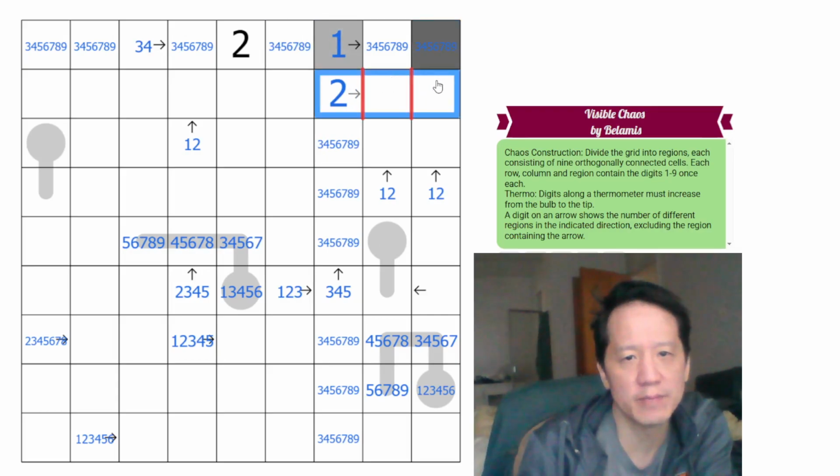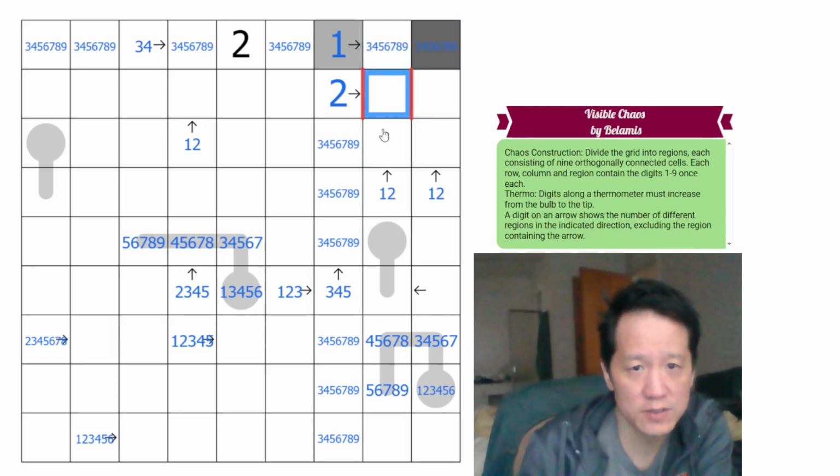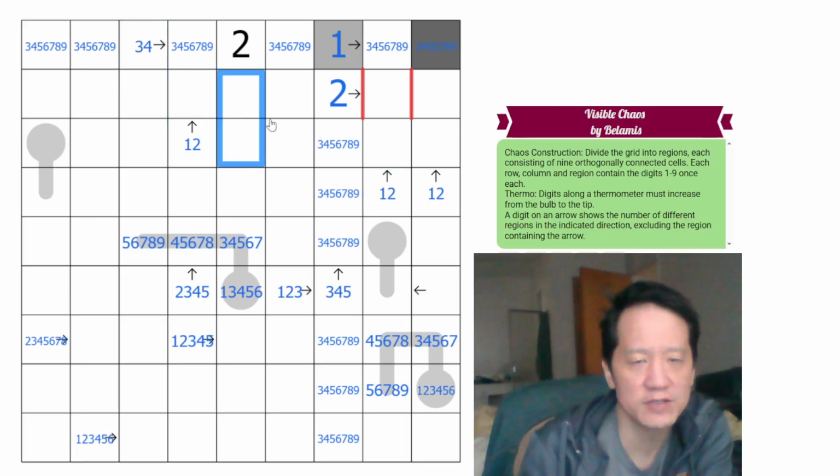So what does that mean? We know these two are different. If this is gray, one of these two has to be set. We still have the same information about these, that you can't go past a certain point.